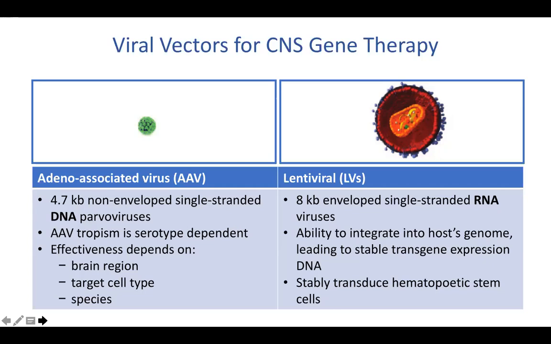That's different than lentiviral vectors that are larger RNA viruses, and they're particularly good in integrating into the genome of the host, and they are good at delivering to bone marrow and blood cells in particular.